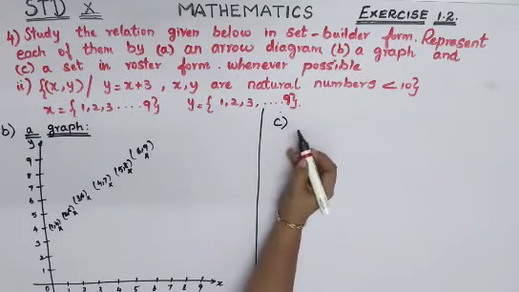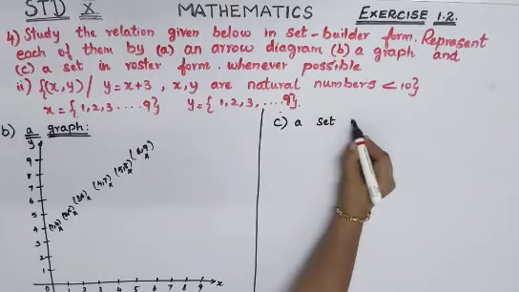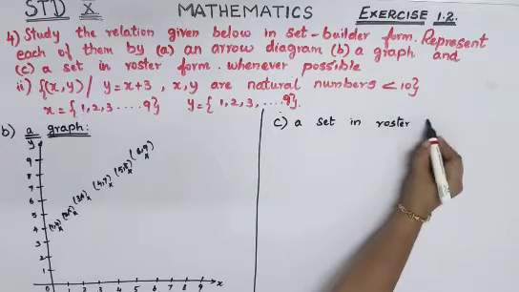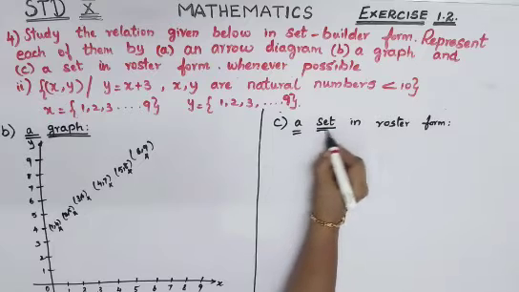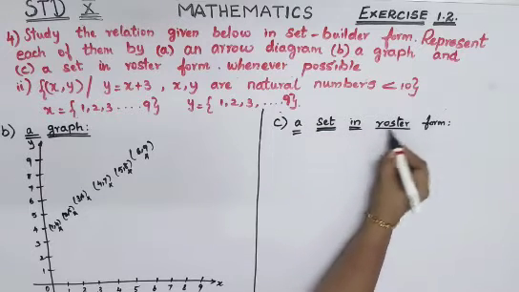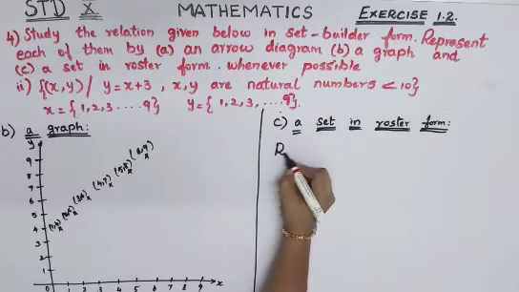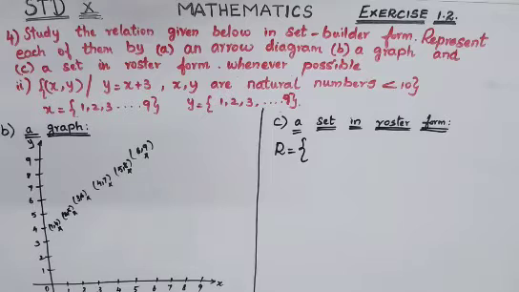Subdivision C, that is a set in roster form, you will have to write it. So just write your set R is equal to, open your bracket, write the numbers in ordered pair.